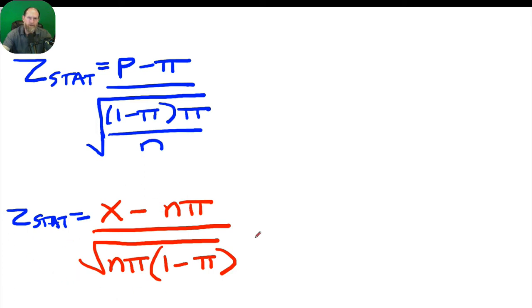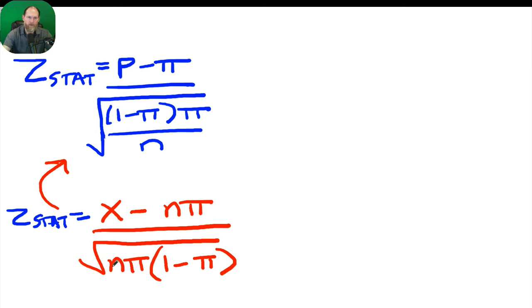I do not teach this formula because it's overly complicated, in my opinion. The other reason I don't teach this formula is because these formulas are the same. That's right. They don't appear to be the same, but they are the same. They're just written a different way. This formula down here is expressed not in terms of p, the sample proportion, but in terms of x, the characteristic of interest.